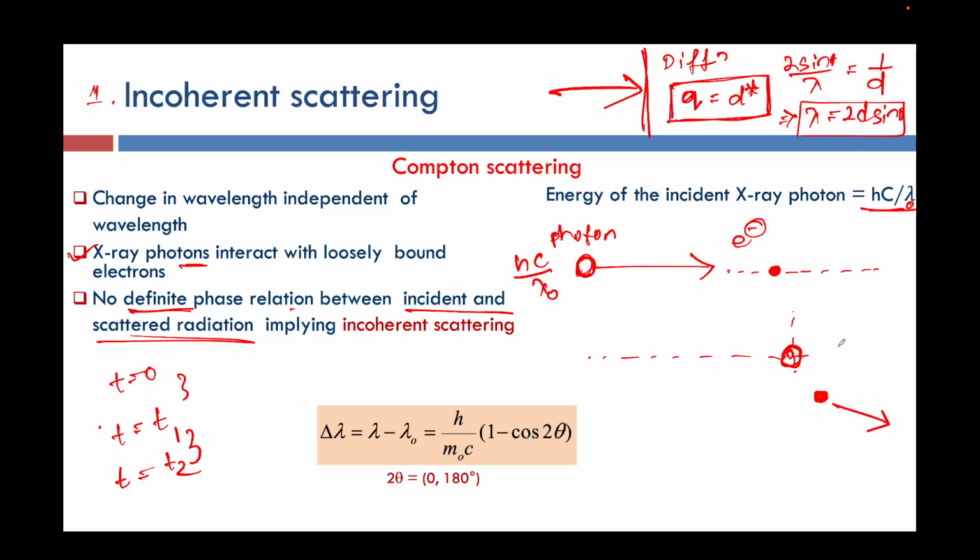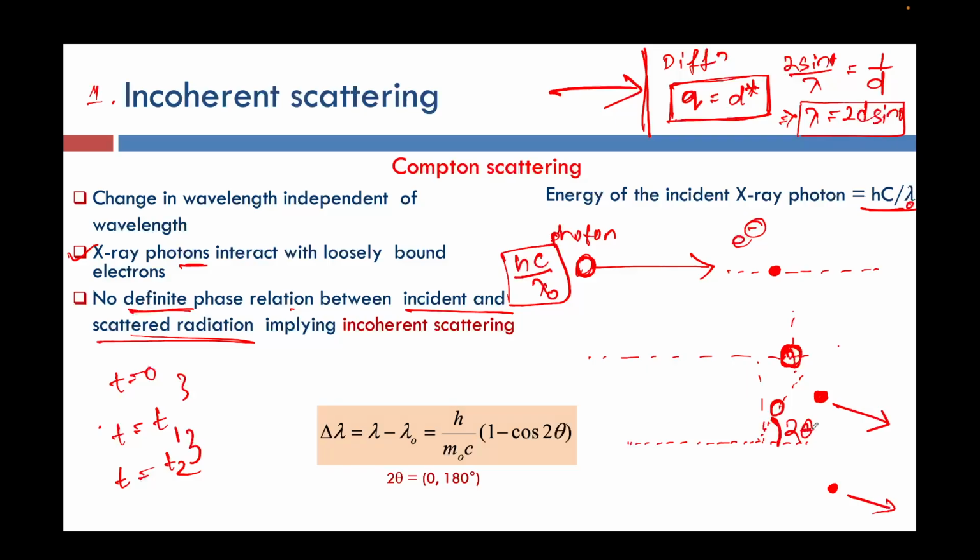When I talk about the third stage, the electron will be going in this direction, and my photon, which was coming with energy hc by lambda naught, will go in some random direction.